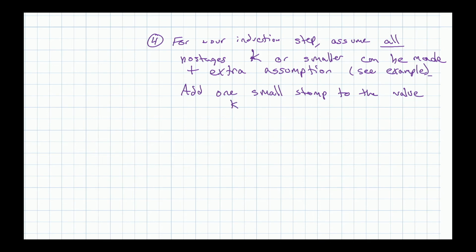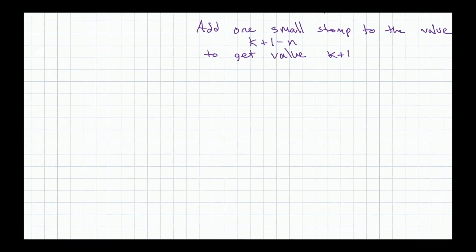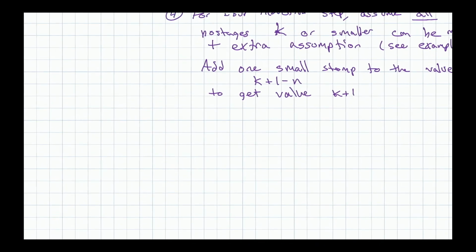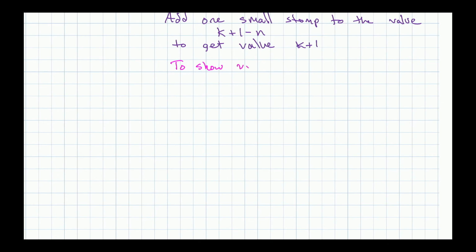This is going to look weird, but k plus 1 minus n to get value k plus 1. Okay, now again, I need a little bit of an explanation here, right? So to show, let's say, value k plus 1 postage.